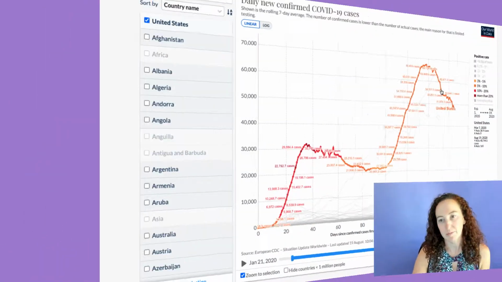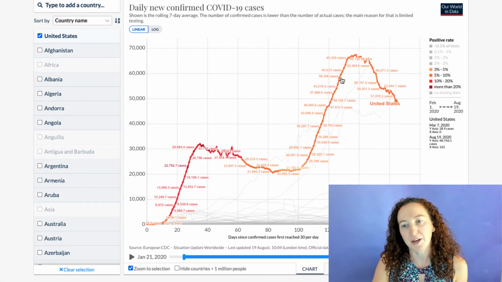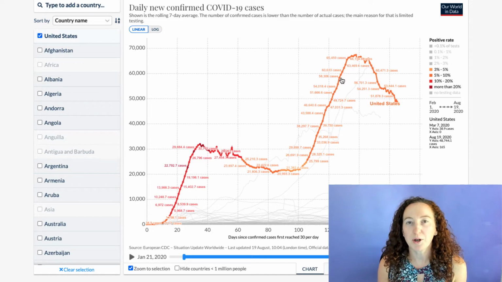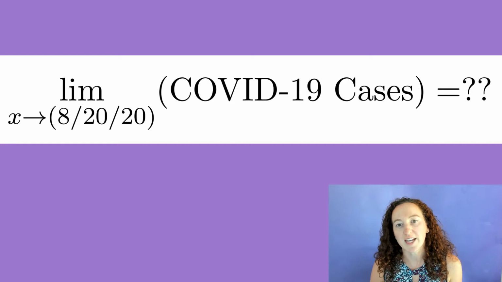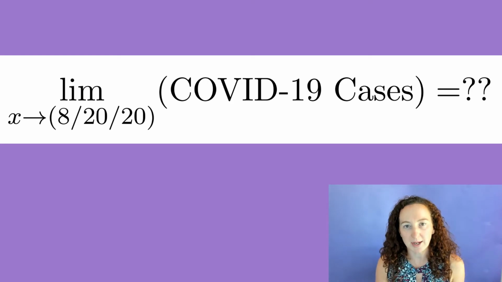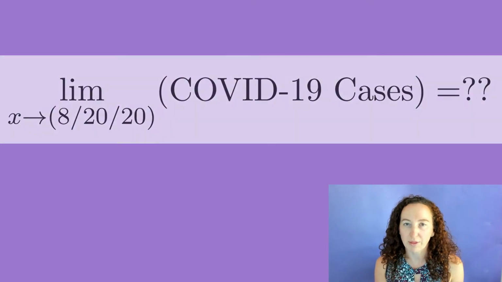Let's go to our coronavirus data. This is the data for the number of cases in the United States since the start of the pandemic, and today is August 19th, 2020. Suppose we wanted to ask, how many confirmed COVID-19 cases do we expect on August 20th?